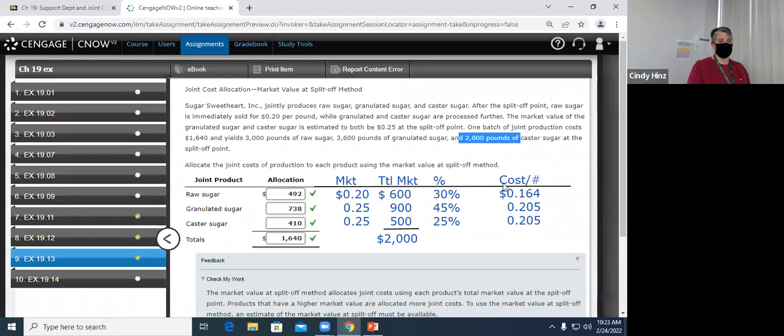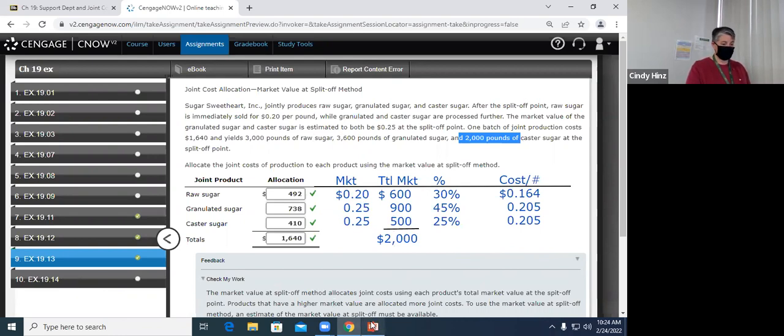And finally, 2,000 pounds of castor sugar at 25 cents per pound is the $500. Make sense? Okay. If there aren't any other questions, anybody else?